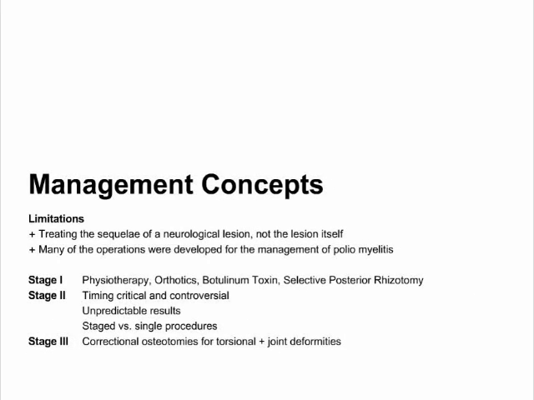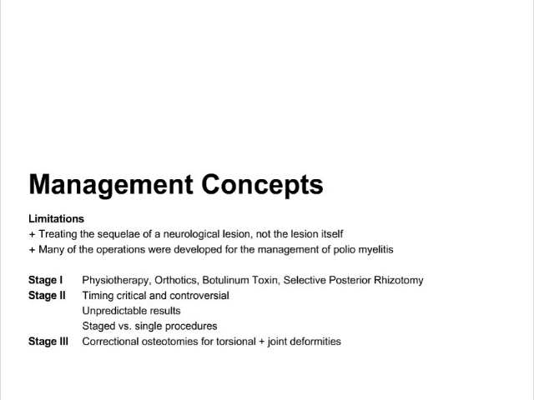The use of botulinum toxin has been shown to have good effects in some situations. In terms of surgical management, you have your selective posterior rhizotomy, which involves an extensive laminectomy approach to sever some of the posterior roots to treat some of the spasticity. But this can be a fairly invasive procedure with variable results.